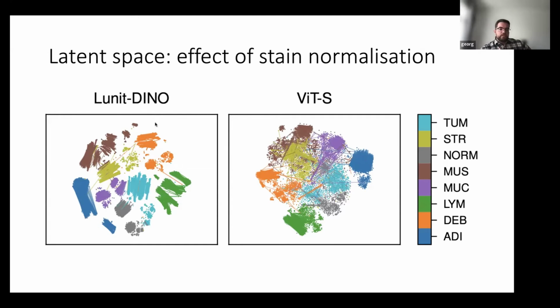Yeah, when you look at this, you might think that Lunit-Dino is not very robust to stain normalization, because you can see a bunch of longer lines than on the right for the ImageNet version. But actually, what we found to be more important is the fact that the jumps are not between the clusters.